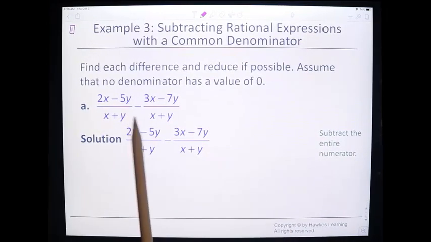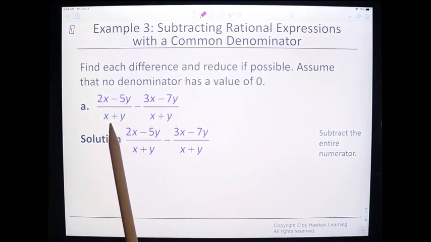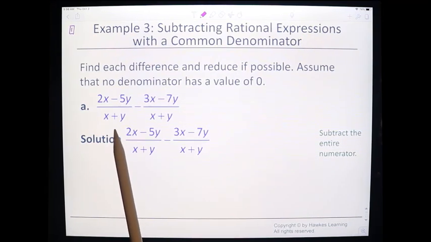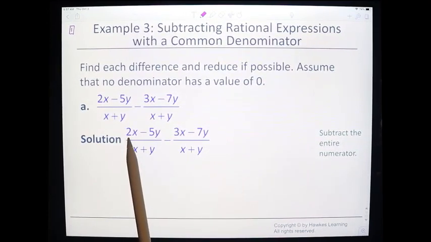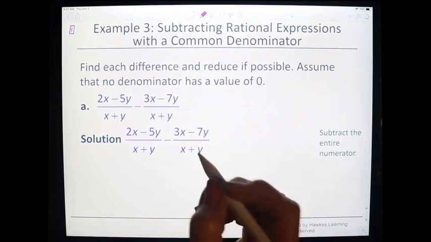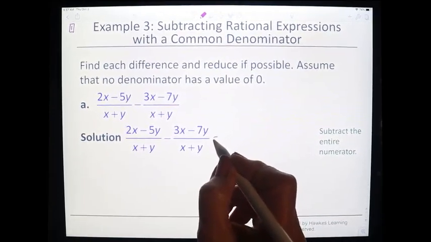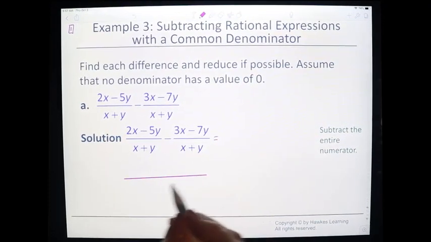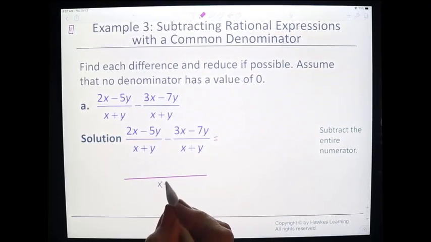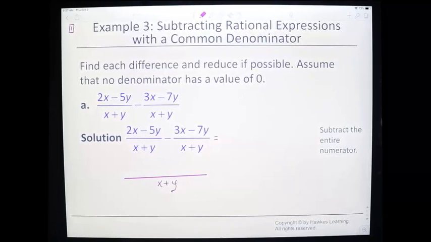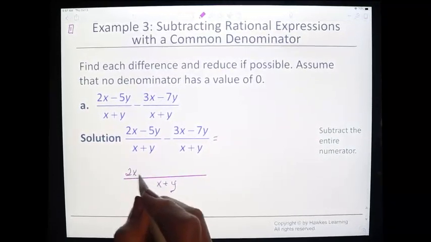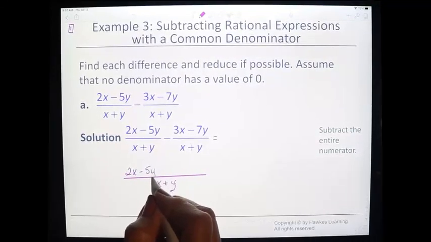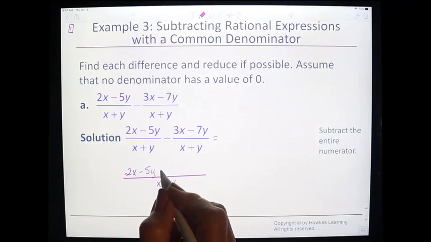So you'll notice the operation is subtraction, and you also notice that the denominator is common or matching. So we don't have to be concerned about getting a lowest common denominator. We're just going to go ahead and draw one fraction bar, write down that common denominator one time, and then 2x minus 5y is the first numerator, and then this is where you have to be careful with subtraction.